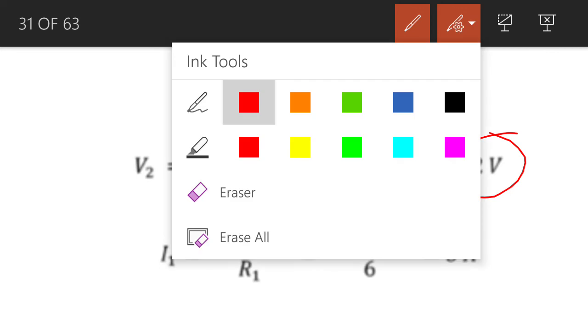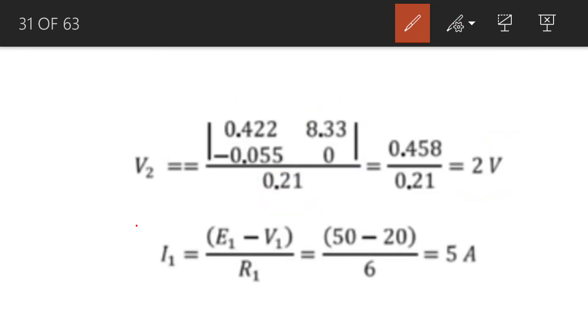So now we calculate I1. I1 is the current in R1, and that is equal to E1 minus V1 divided by R1. E1 is 50 volt, V1 is 20 volt, R1 is 6. So the current in this resistor is 5 ampere, which we have already calculated.